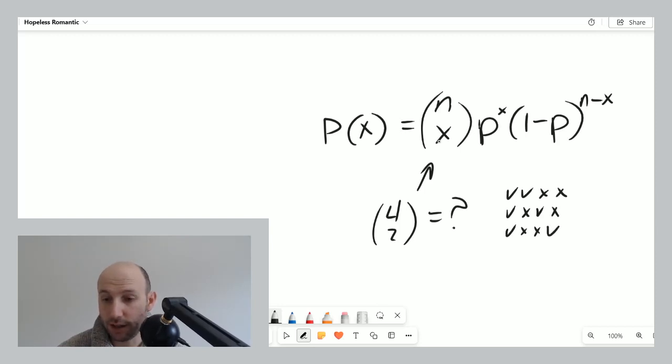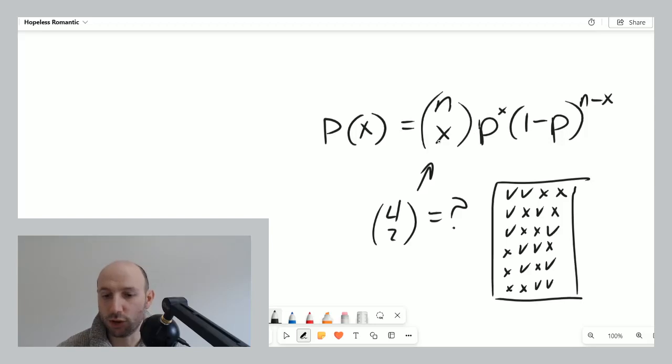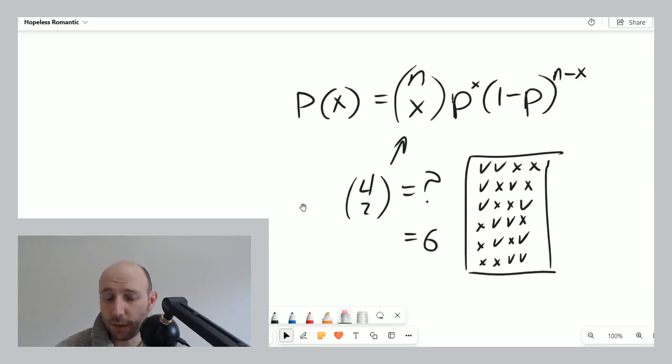And we can actually list them all right here, and it ends up being 6. So 4 choose 2 is going to equal 6. Now, I'm not going to go too deep into where this equation comes from, but there is a separate video specifically on the binomial distribution which goes into those details.